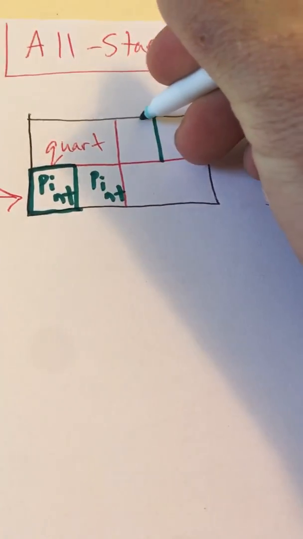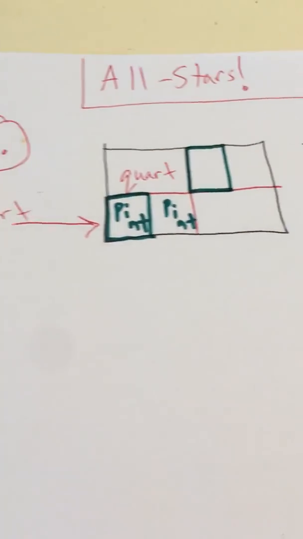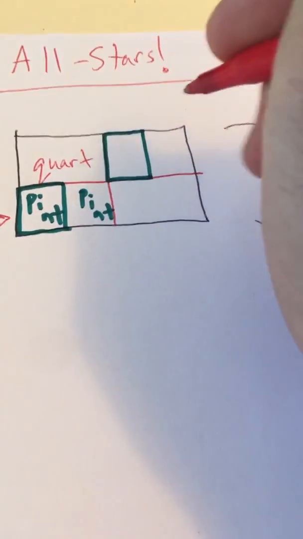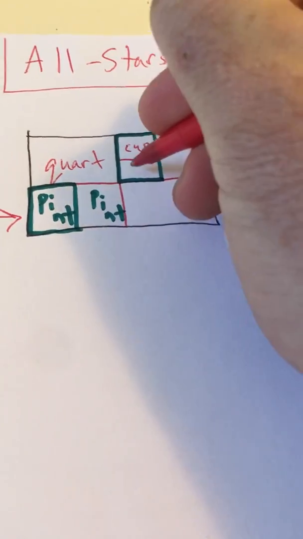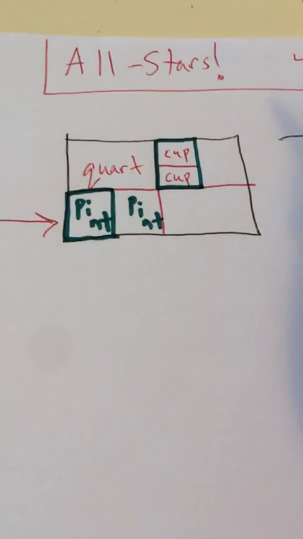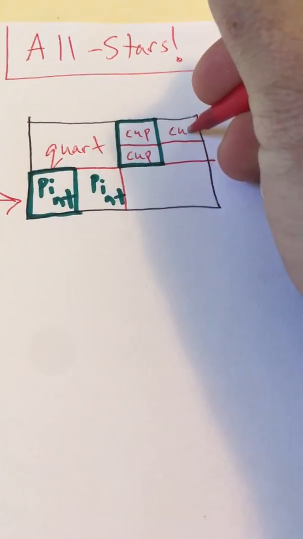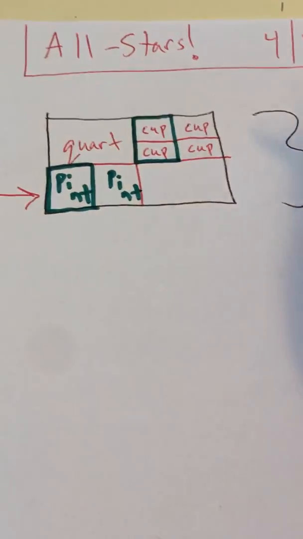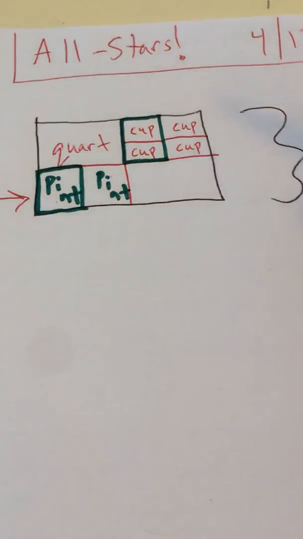That means this much here is a pint. So it's saying that pint is actually 2 cups. So here's a cup, and here's a cup to make up that pint. So if we cut this pint, we have 2 cups in this pint. We could cut this into 2 cups and into 2 cups.